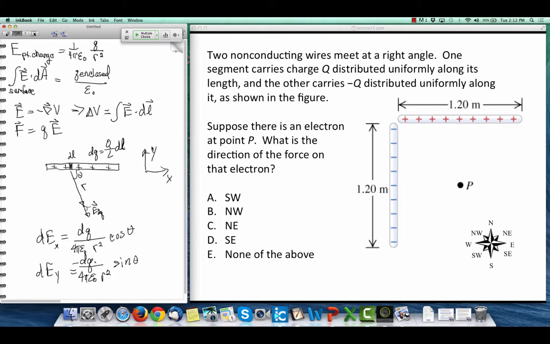And so when you write that out for theta, and you write out r in a similar way, depending on those two, the x coordinate of the bar and the y coordinate of point P, both of those go together to give you r, which changes, the length r changes as you move from the left-hand side of the positively charged rod over to the right-hand side. In other words, as you integrate over the left-hand side over to the right-hand side.